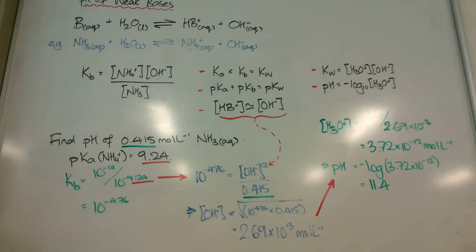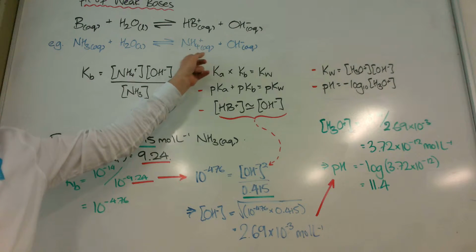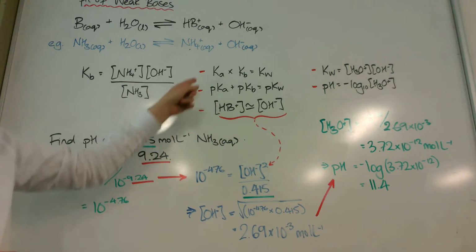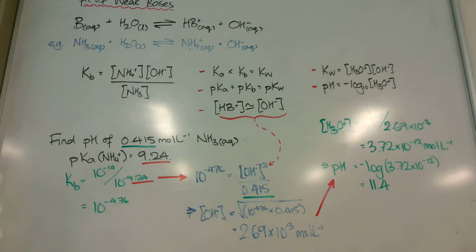The difference is we're working with hydroxide ions now, not hydronium. That's the only real difference. The other real annoyance is you're given a Ka or a pKa for the conjugate acid. You're not given a pKb or a Kb value. So you have to work it out. And that's why this, or this, whichever you prefer to use, is so important for you to know.